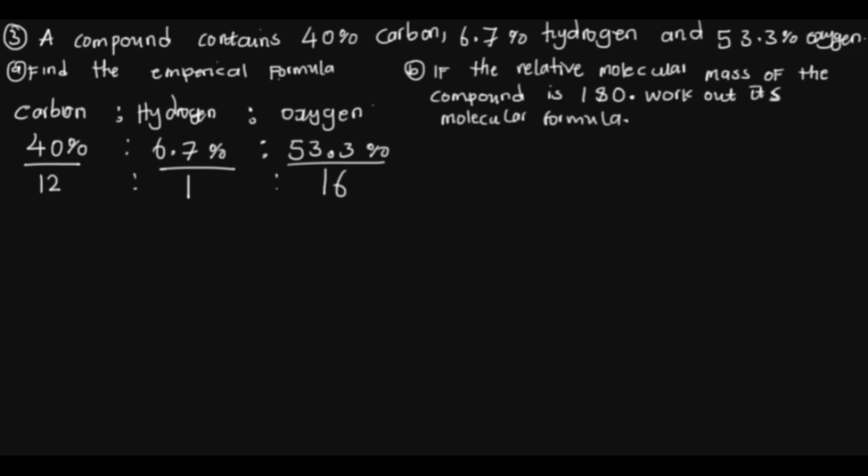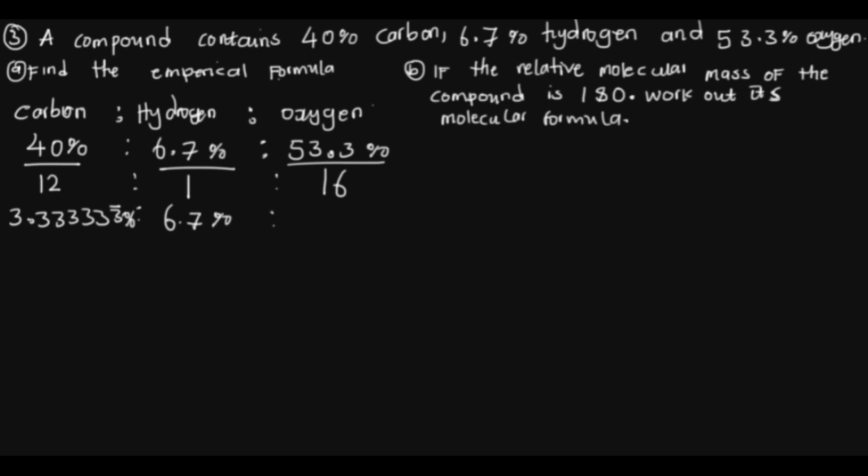So 40 divided by 12, we get 3.3333. Then 6.7 divided by 1 is 6.7.